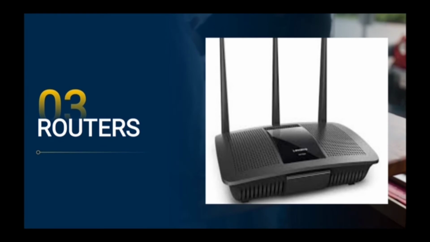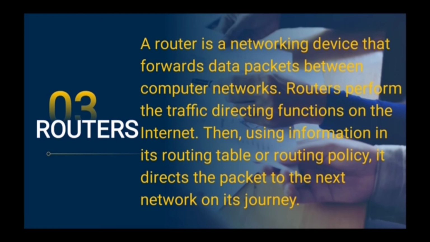Next, router, a very important part in the network field. A router is a networking device that forwards data packets between computer networks. Our message is always divided into small packets, and packets are further divided into frames. A router performs the traffic directing functions on the internet.